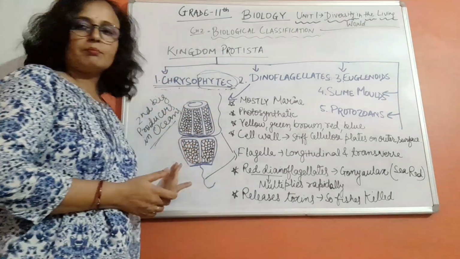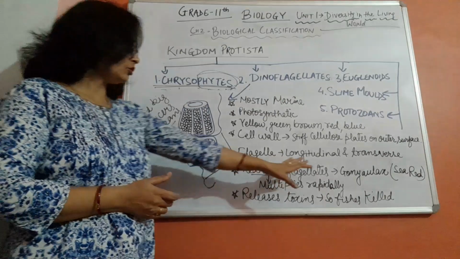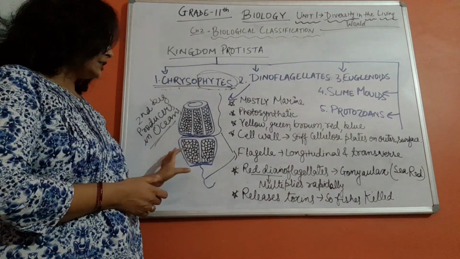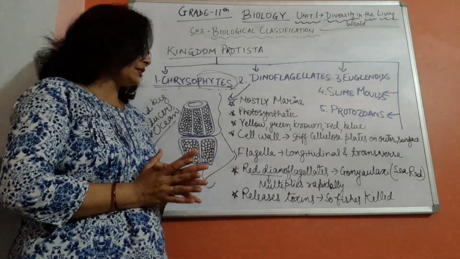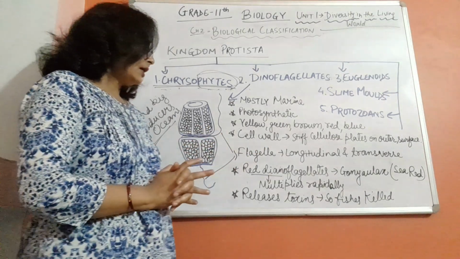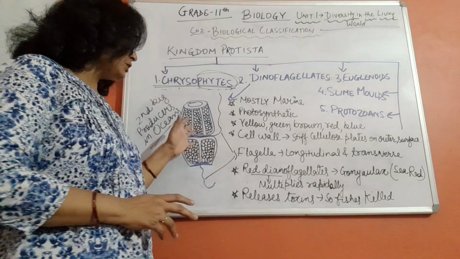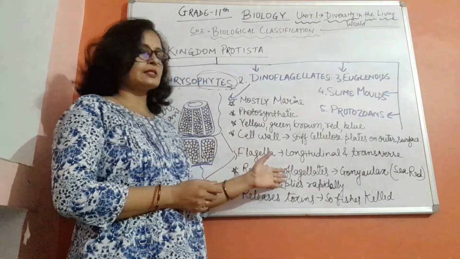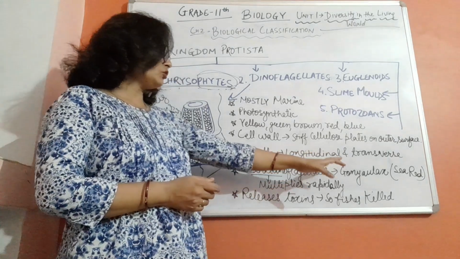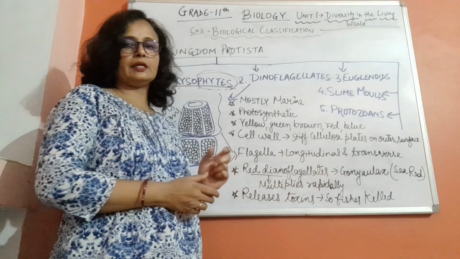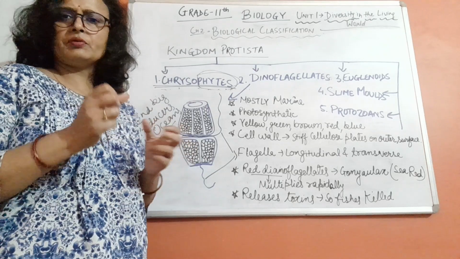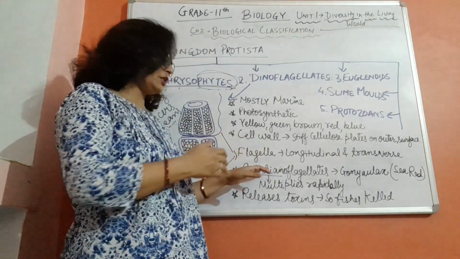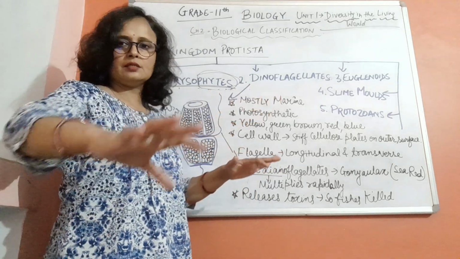And this is an example of a red dinoflagellate, Gonyaulax. Because of this dinoflagellate, Gonyaulax, the sea appears red. Because of the red tides, basically what happens is this red dinoflagellate Gonyaulax multiplies rapidly, and because of quick multiplication its number grows and its red color appears in the sea tides.